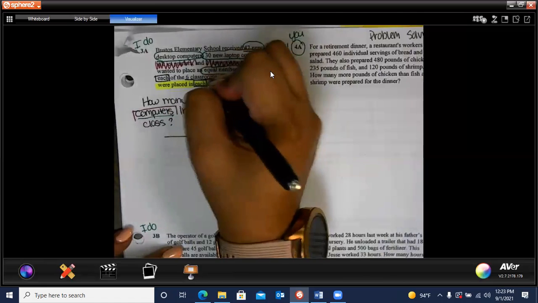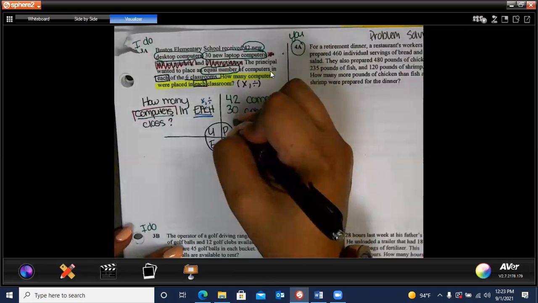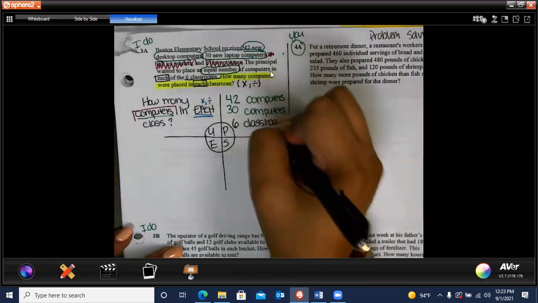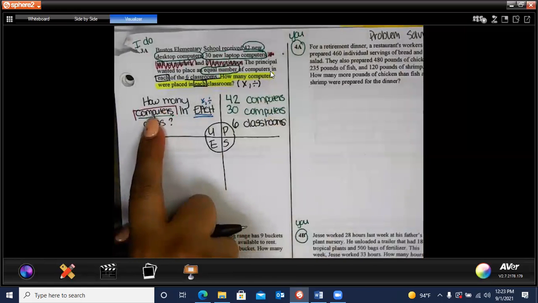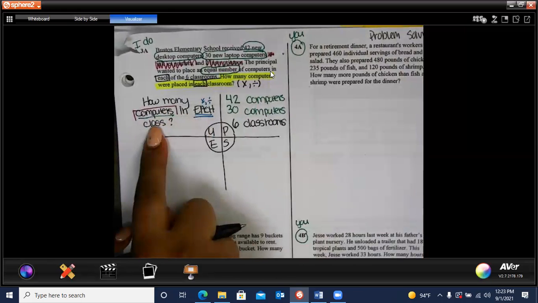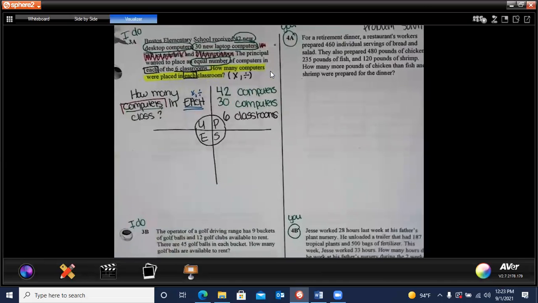How many classrooms is there? So we know that we also have 6 classrooms. So we want to know first, how many computers, these are the computers, in each classroom. So do you think this is going to be a 1-step, a 2-step? What do you think we are going to have to do?